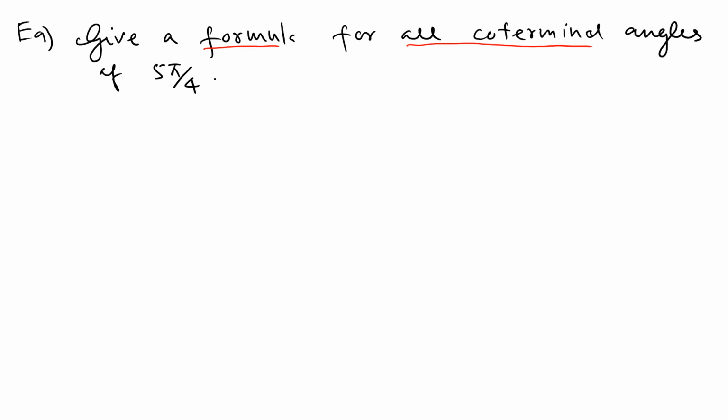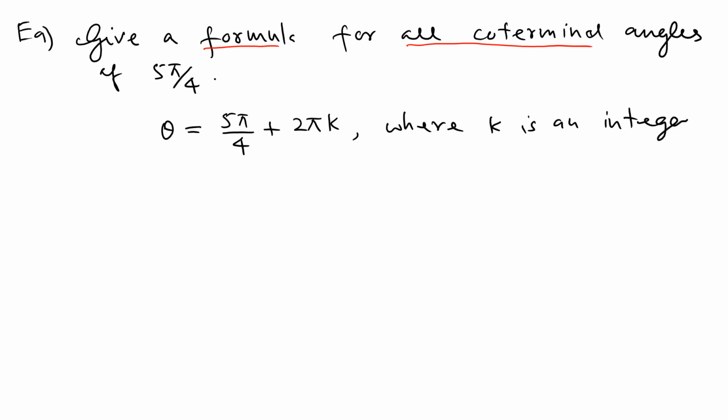We're going to either add multiples of 2 pi or subtract multiples of 2 pi. The easy way to do that in math is theta, the coterminal angles, equals 5 pi over 4 plus 2 pi times k, where k is an integer.